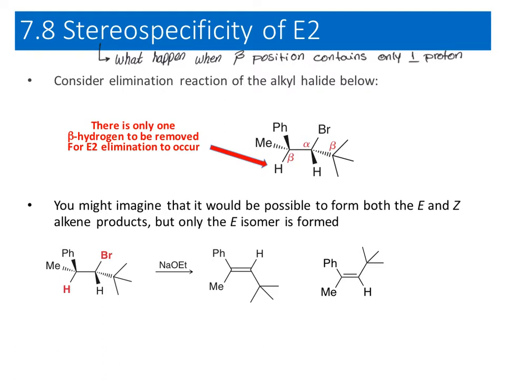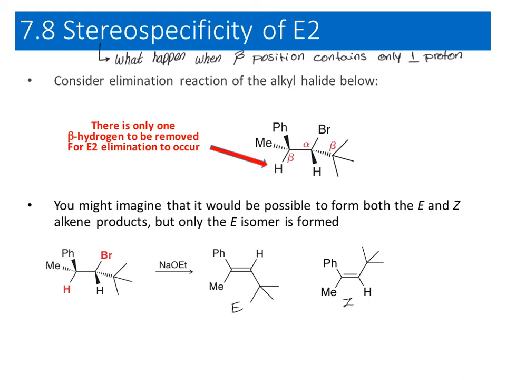Okay, now consider this structure. So we only have one beta proton here, and you may think that because we have free rotation about this bond, we would get both E and Z isomers. So this one is E isomer and the other one is Z. So you may think that we can get both of them.